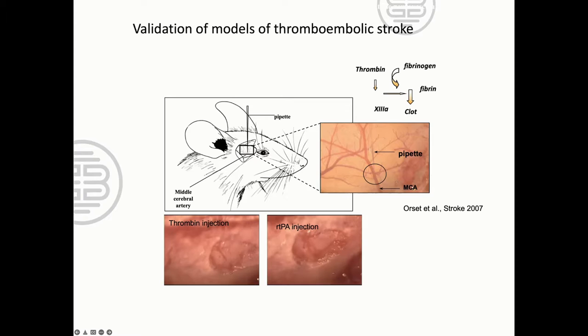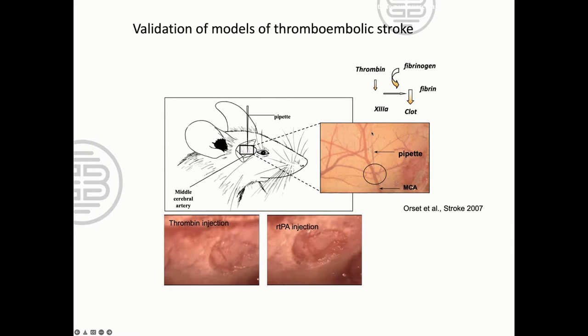So the origin of stroke in human is due to clots generated either at the periphery or inside of the brain, leading to occlusion of the brain vessel, especially the middle cerebral artery. So we decide to mimic this situation in animal models and especially in rodents, here in mice. And what we can do is to induce in situ clot formation.